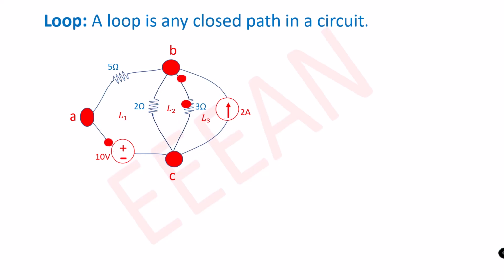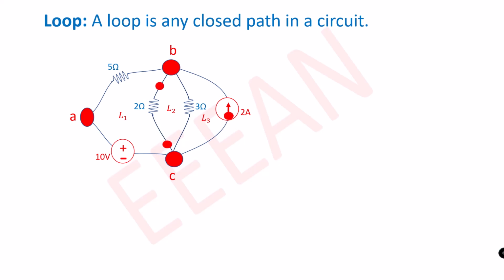That's why there is no independent element in this loop. So we can call loop 2 not an independent loop. But loop 3 is an independent loop. The 3 ohm resistance is not an independent element, but the current source is an independent element because it contributes only to loop 3.